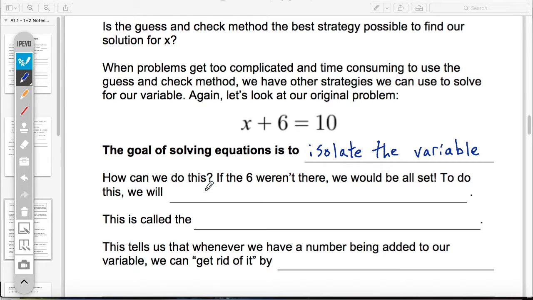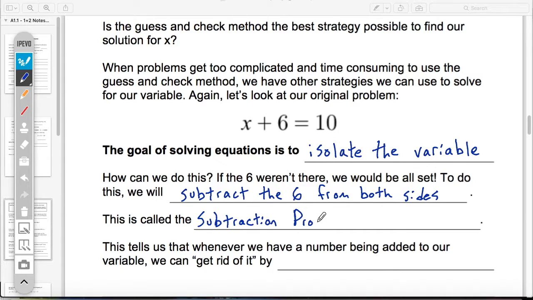So to do this, we will subtract the 6 from both sides. Okay, and this is called the subtraction property of equality.